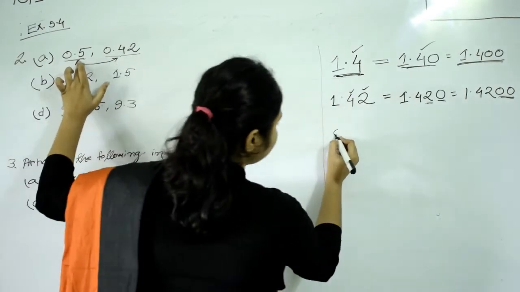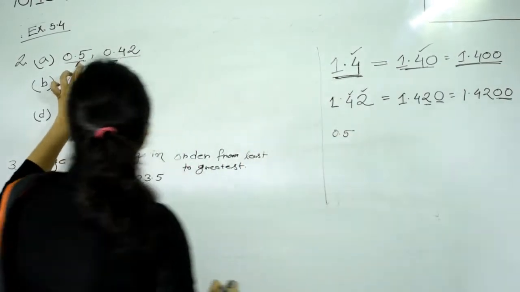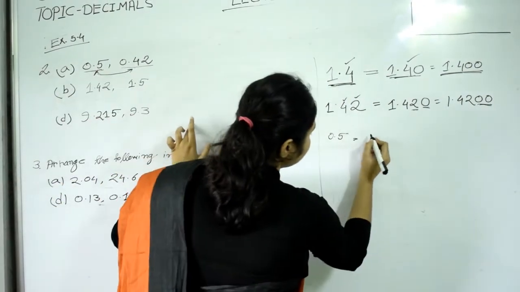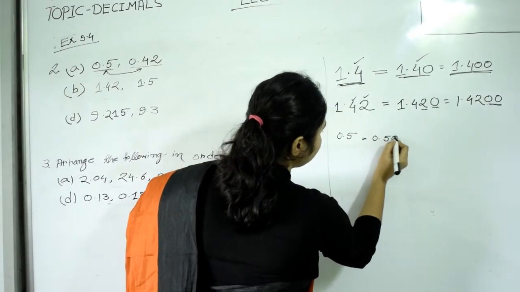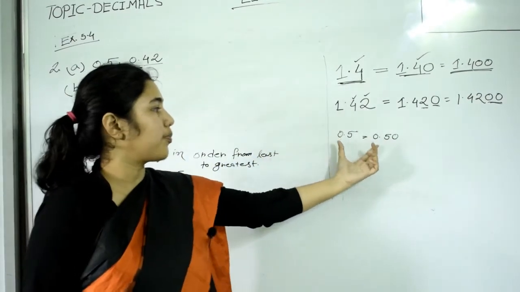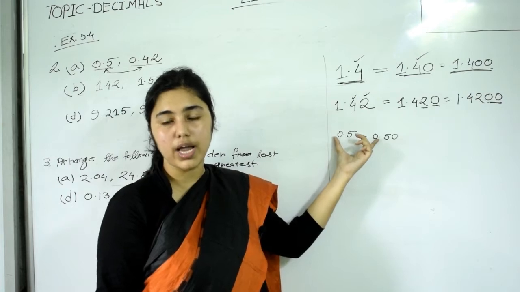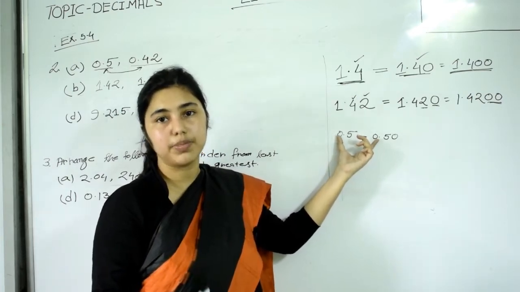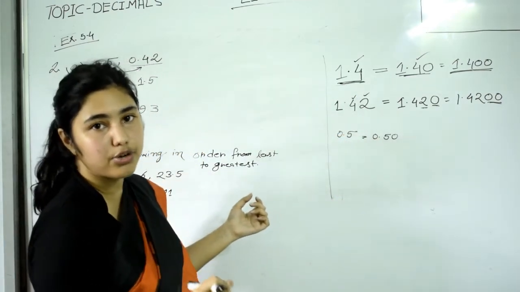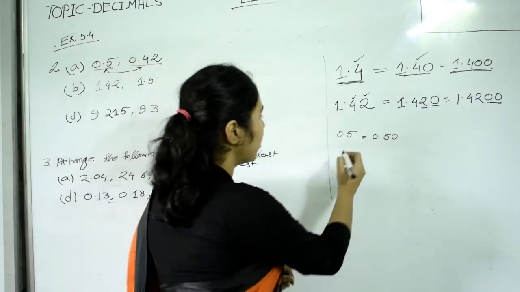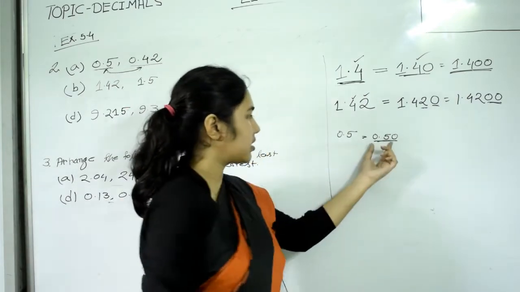Now look at here. We can write 0.5 as 0.50. This type of decimal numbers are known as equivalent decimal numbers. What? Equivalent decimal numbers. Now look at this number.